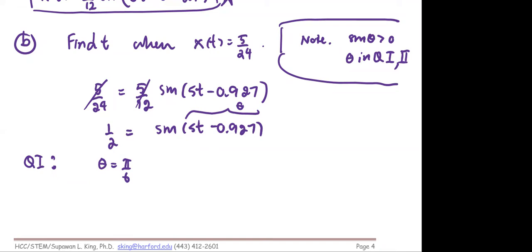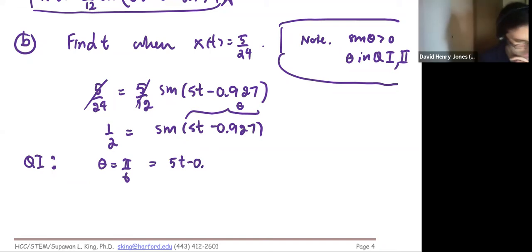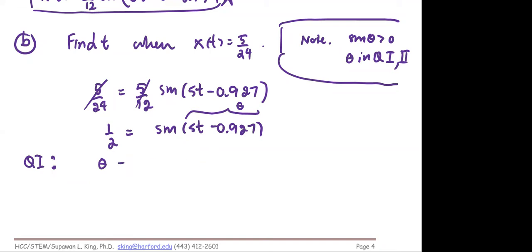And that means pi over 6 equals 5t minus 0.927. I write it this way, the opposite way. So angle theta, which is 5t minus 0.927, equals pi over 6 for the quadrant 1 set of solutions.